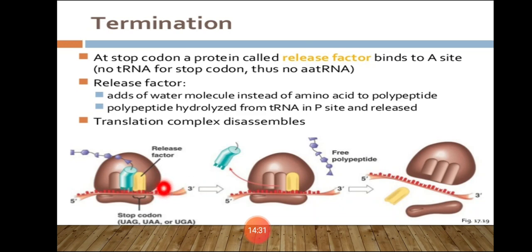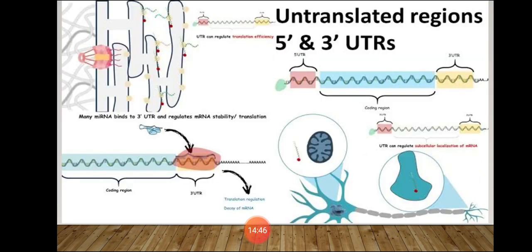But this mRNA has some additional sequence at both the ends, that is the 5' end and 3' end, that are not translated, and these are referred to as untranslated regions, that is UTRs. They are required for efficient translation.